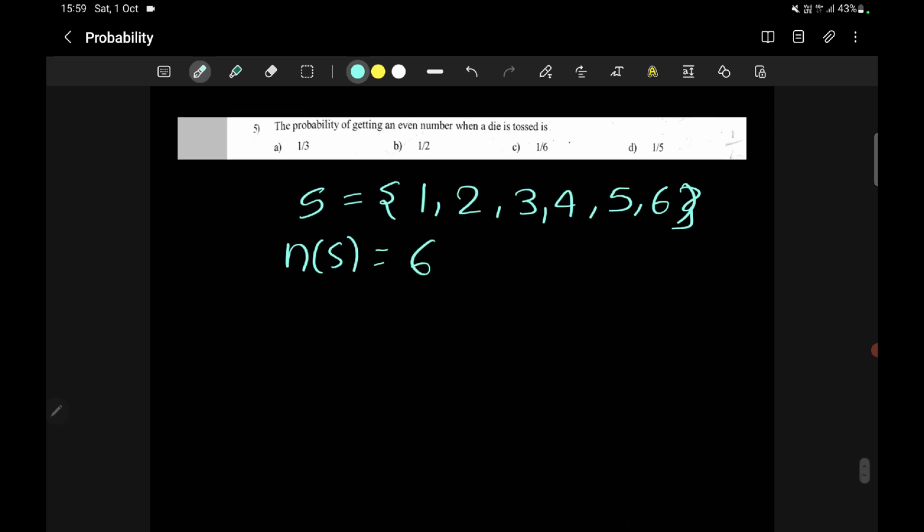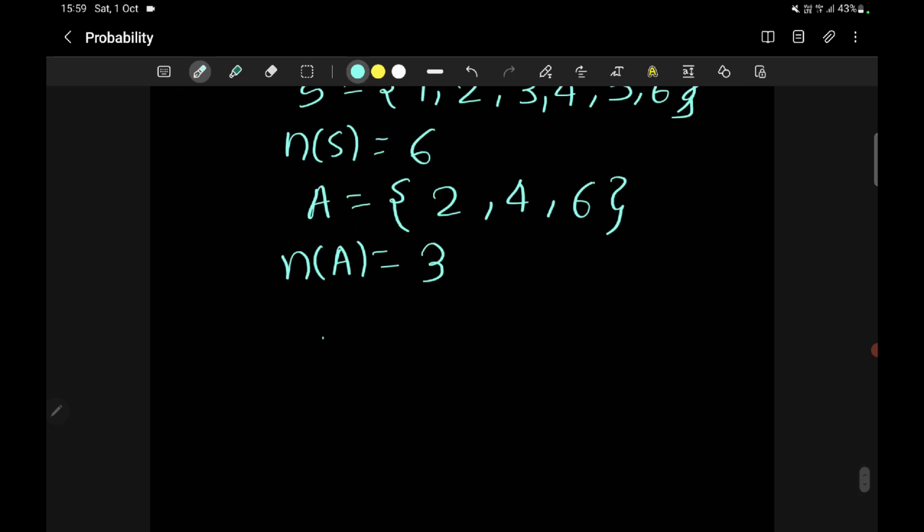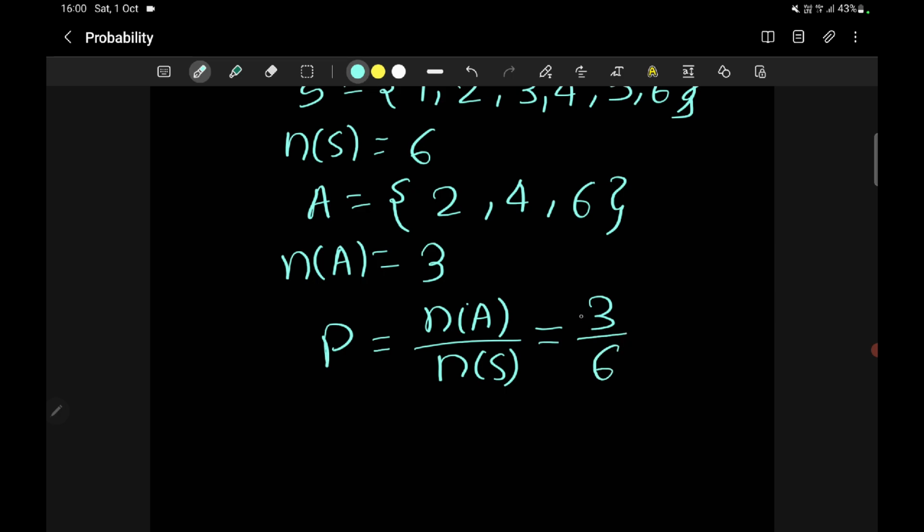And for the probability of getting an even number, from 1 to 6 the even numbers will be 2, 4 and 6. Therefore, the number of events is equal to 3. Now the probability will be the number of events divided by the number of sample space, which is 3 divided by 6, that is 1 by 2.